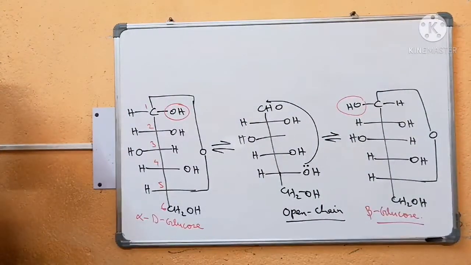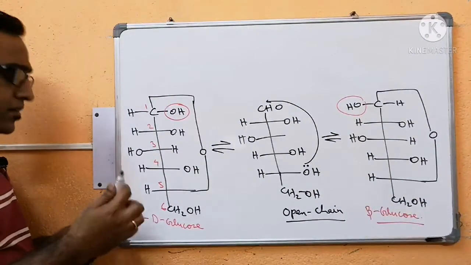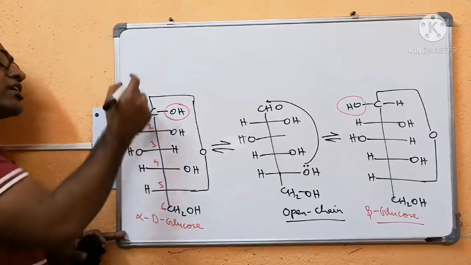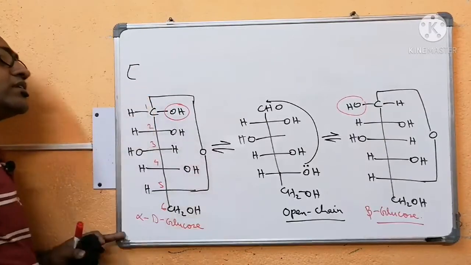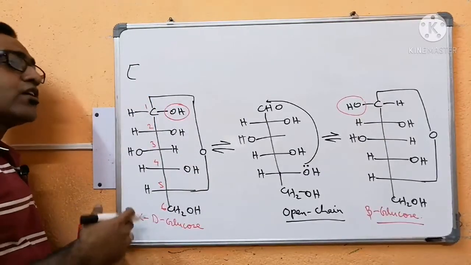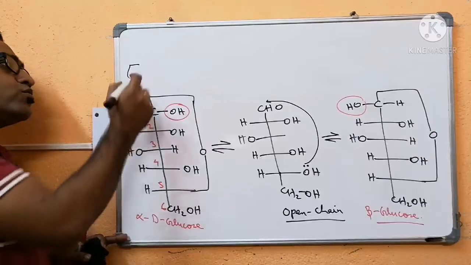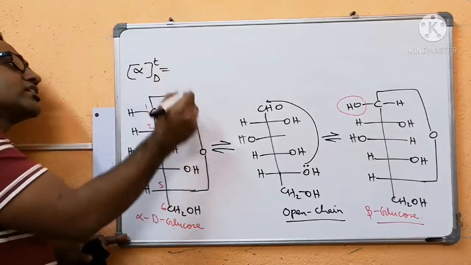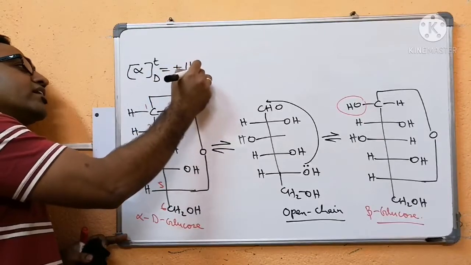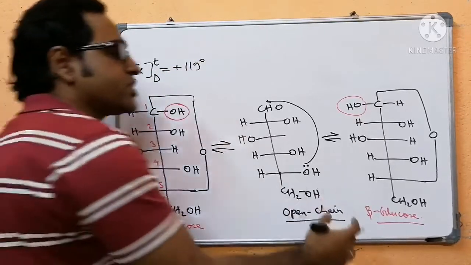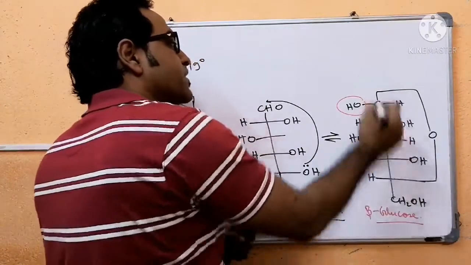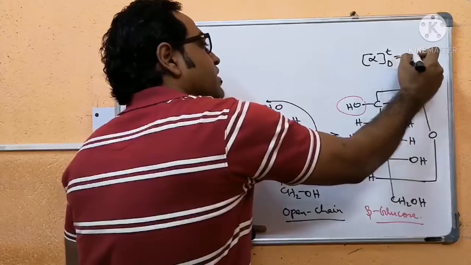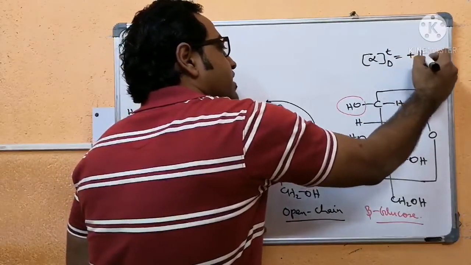If you measure the optical rotation of pure alpha D glucose, it comes out to be plus 109 degree. If you measure the optical rotation of beta D glucose, it comes out to be plus 19 degree.